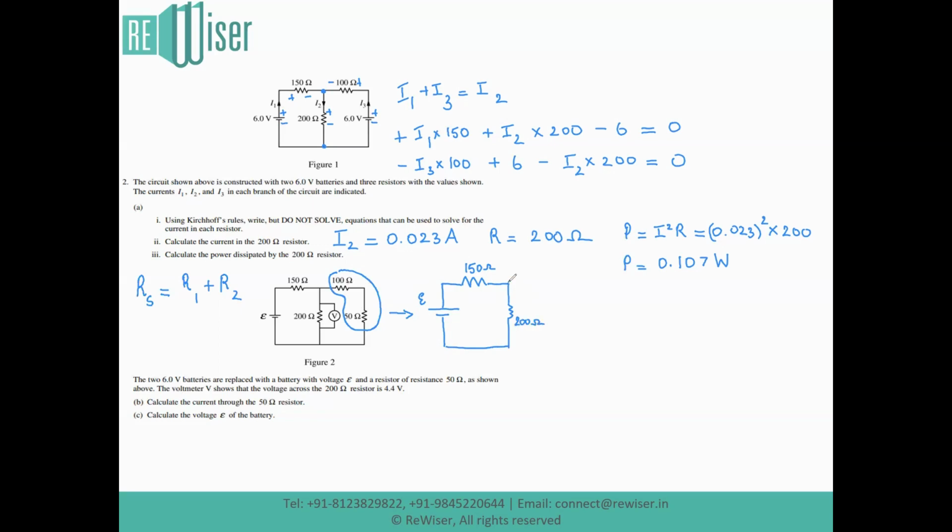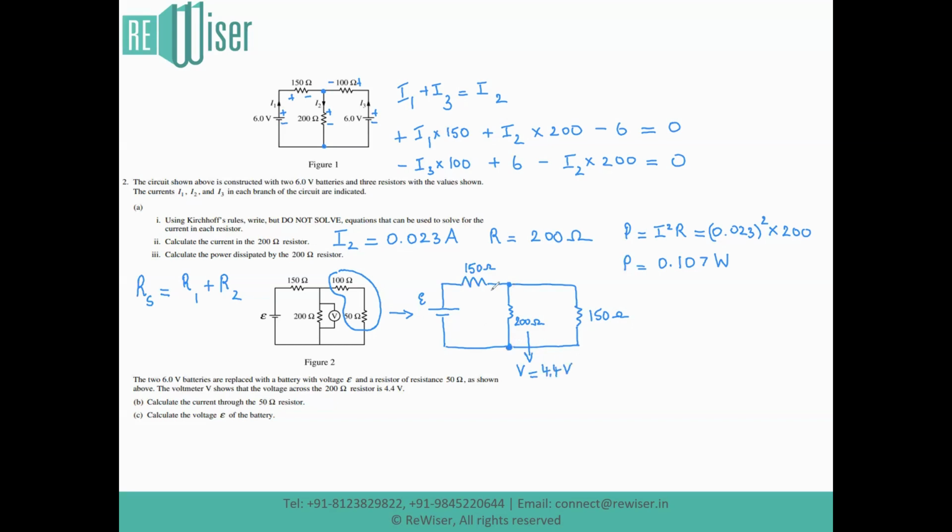We know that the voltage across these two terminals is 4.4 volt. We also have the third resistor, which is a combination of the two resistors as stated before. This is 150 ohm. We notice that for the 200 ohm resistor, the voltage V is known as 4.4 volt.